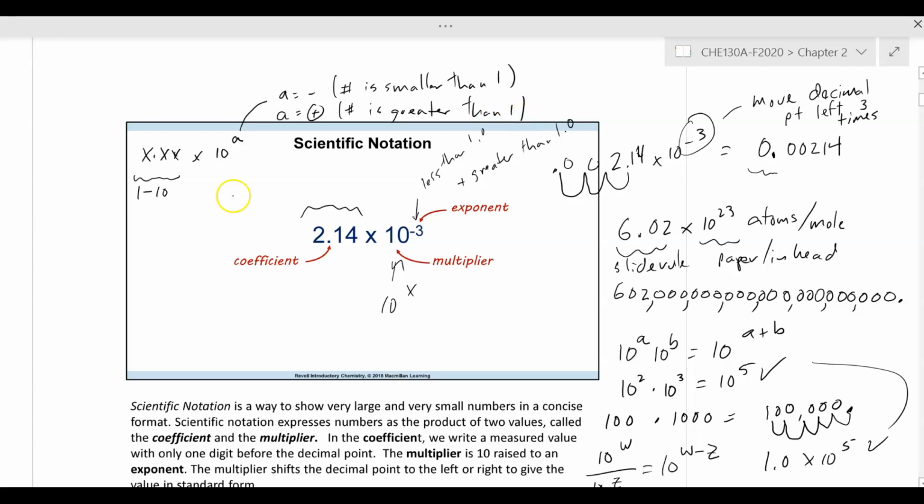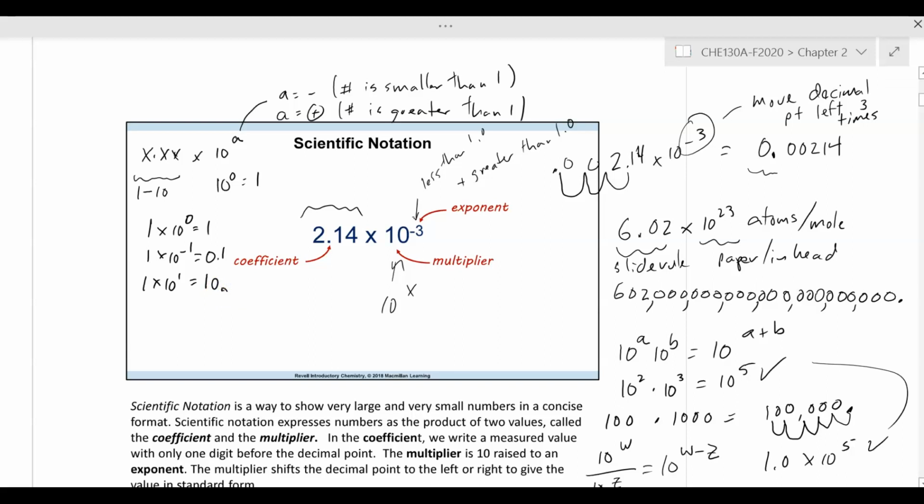Of course, if I had 10 to the 0, that is by definition 1. So the number 1 in scientific notation would technically be written as 1 times 10 to the 0. That'd be equal to 1. If I say 1 times 10 to the negative 1, that's going to be 0.1. If I say 1 times 10 to the first, that's going to be 10. Like so.